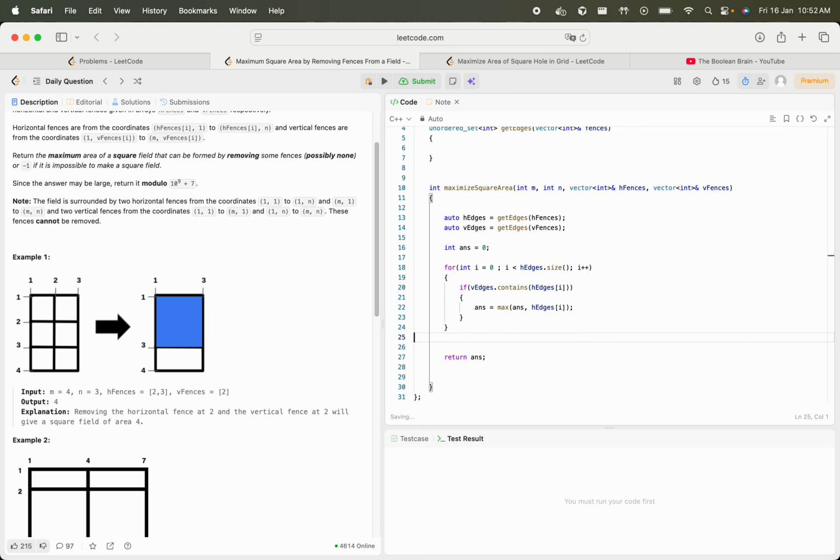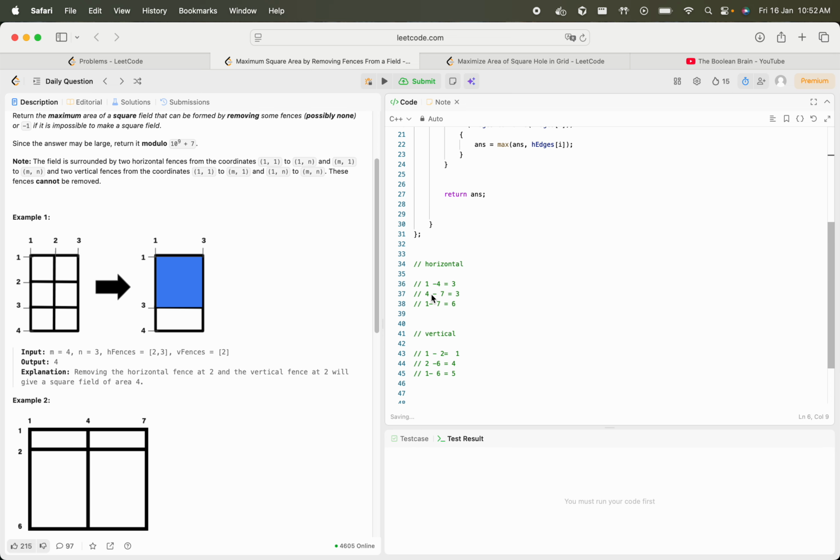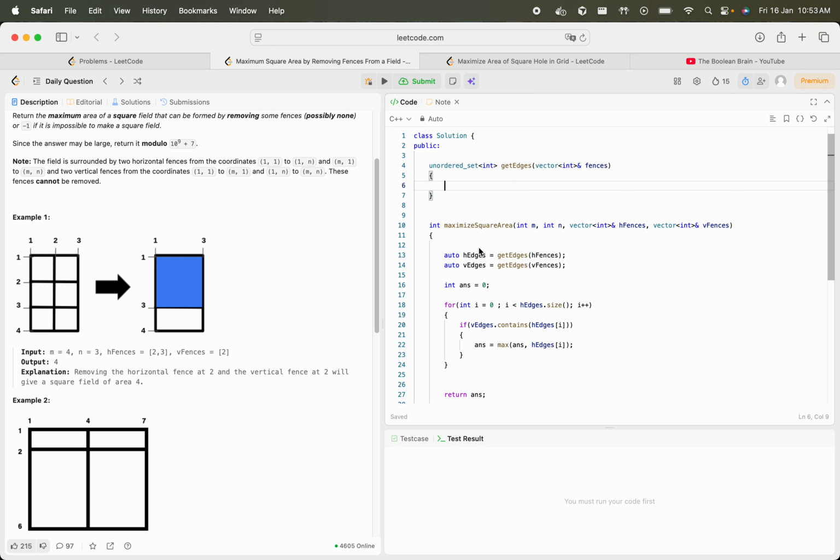Okay, great. Now when this function is complete, let us try to find all possible cases like this. So 1 to 4, 4 to 7. How can we do it for given fences?